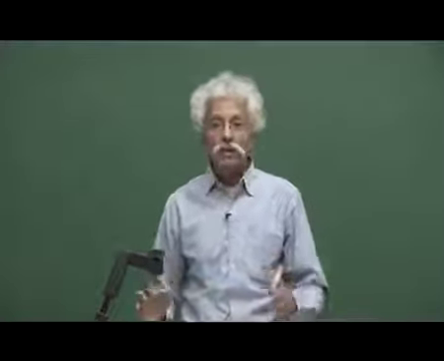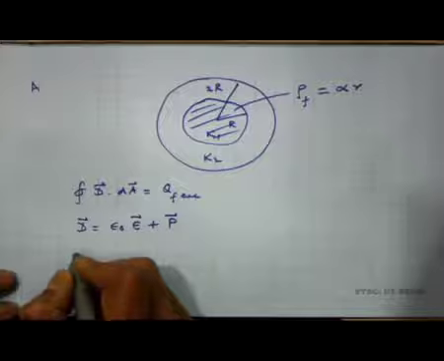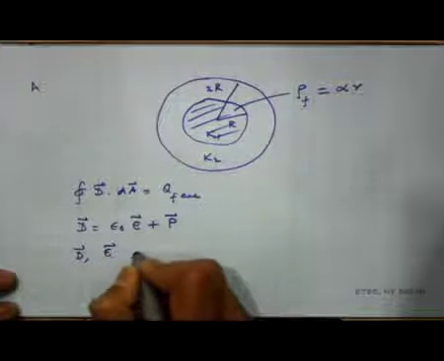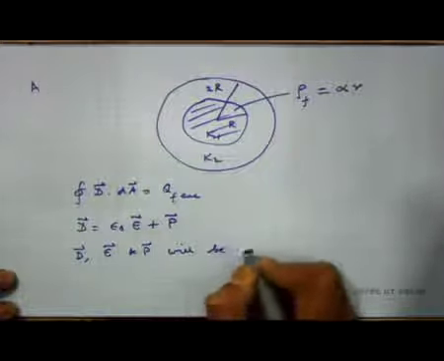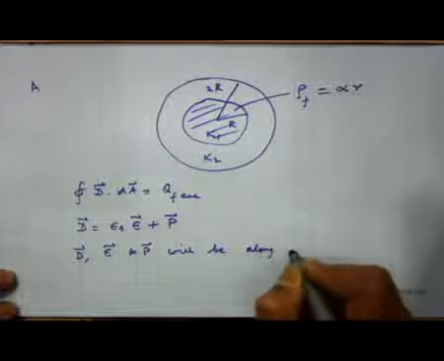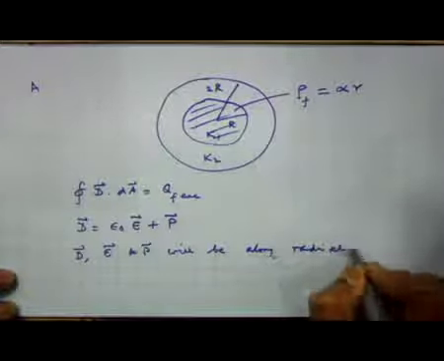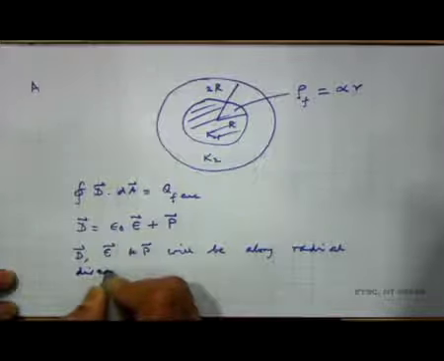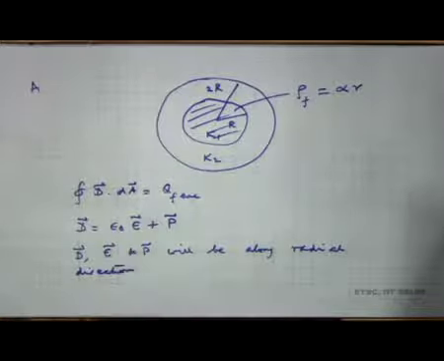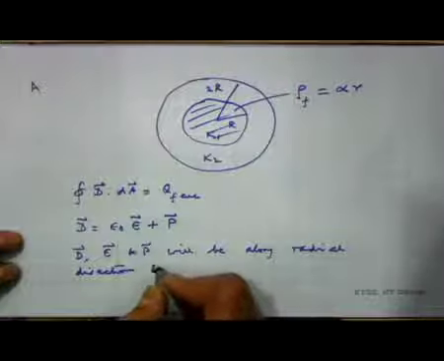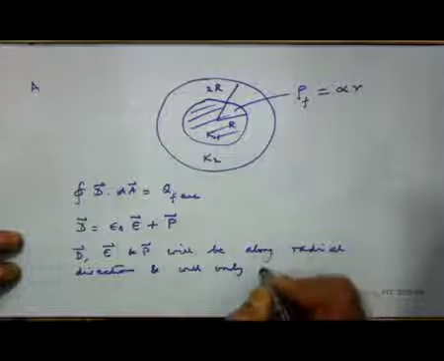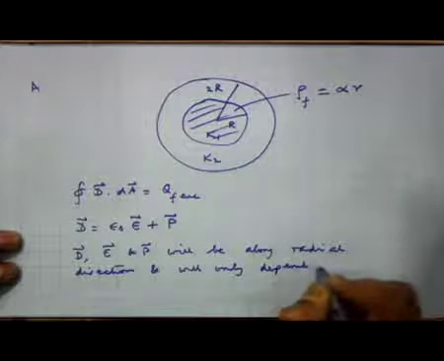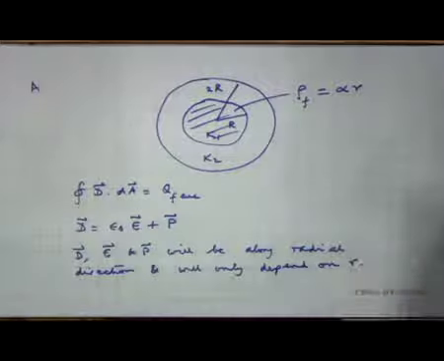Now, because of the symmetry of this problem, again the D vector, E vector and P vector will be along the radial direction everywhere, and will only depend on r, where small r is the distance of a point from the origin.